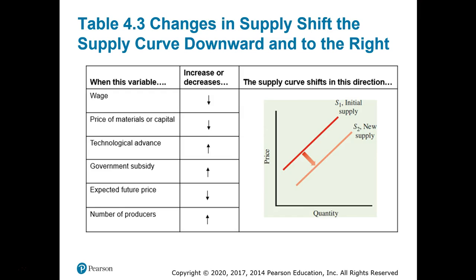Shift to the right. Expected future pricing, meaning expected future decreases, I'm going to produce more now. Number of producers increases. That means that the market's saturated. All right? Make sure that's in your notes.